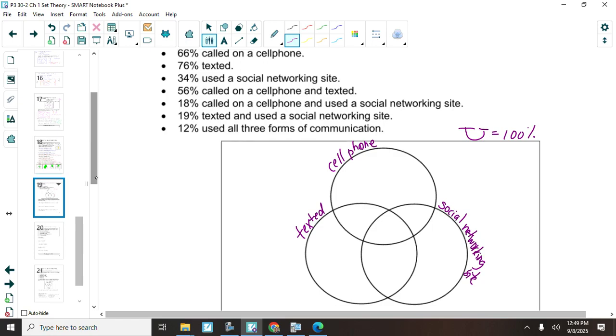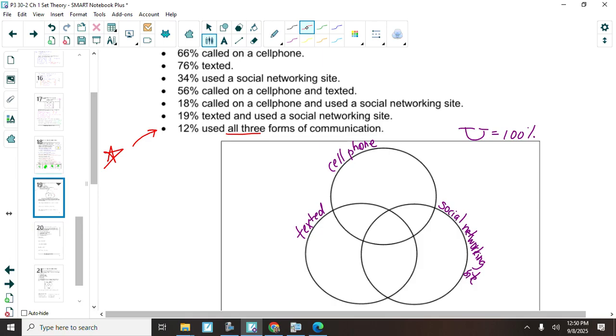So here's what you really need to know. Here's our strategy. We always start with the middle and work our way out. You want to start with the smallest area possible. When we had our two Venn diagrams, we always started with the intersection if we knew it. If we didn't know it, then we calculated it. So in this case, we're going to start here, because this is all three.